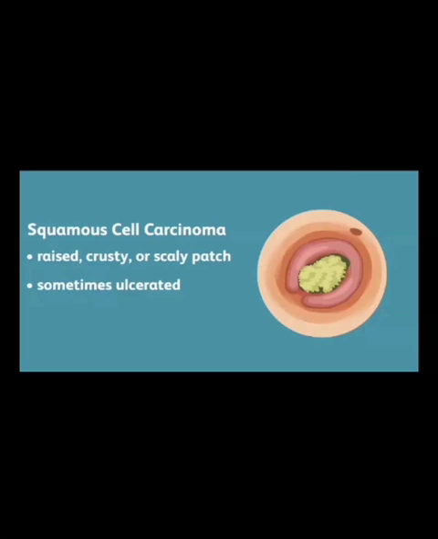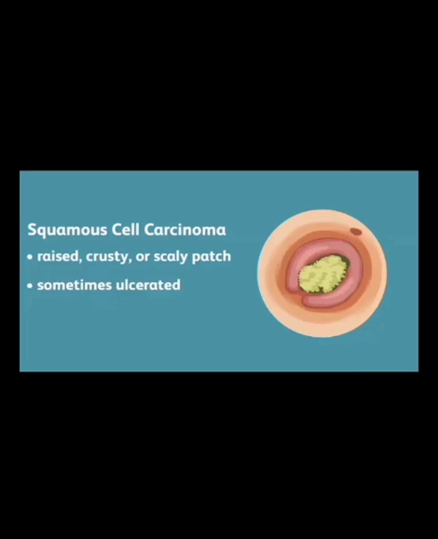Regarding the clinical features of squamous cell carcinoma, it will be a raised, crusty or scaly patch. Sometimes it will be ulcerated. We have studied actinic keratosis or Bowen patches, which can be seen in squamous cell carcinoma.